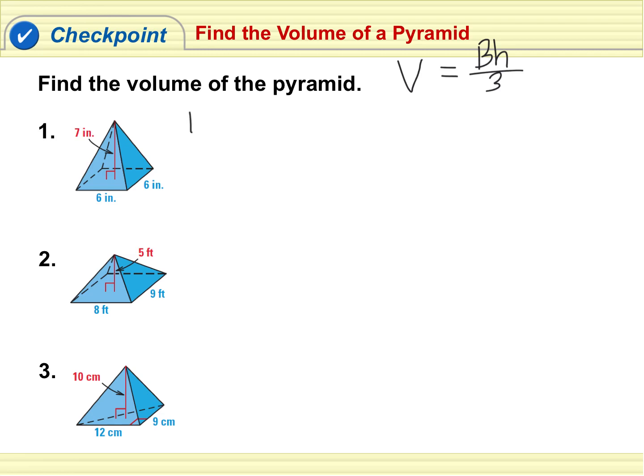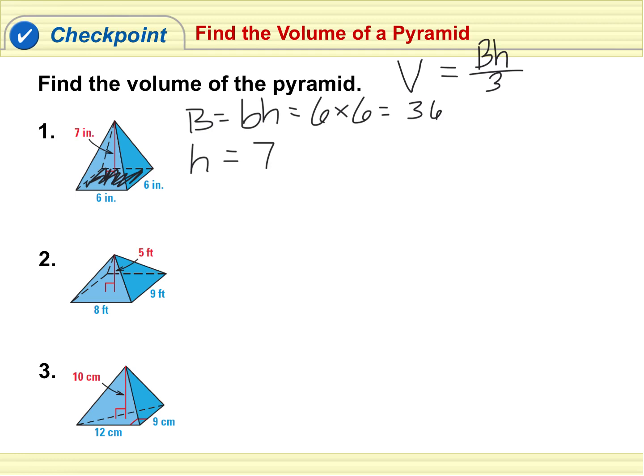So what is our base shape on number 1? It's a square. How do I find the area of a square? Base times height, which is 6 times 6. So you get 36. Okay, now we find the height. How do I find the height? Go back to the picture. What is it? 7.